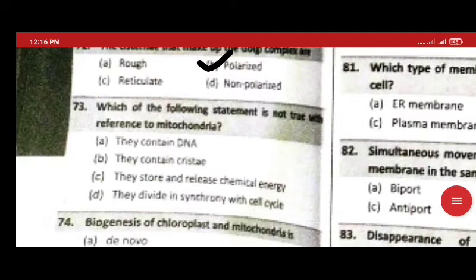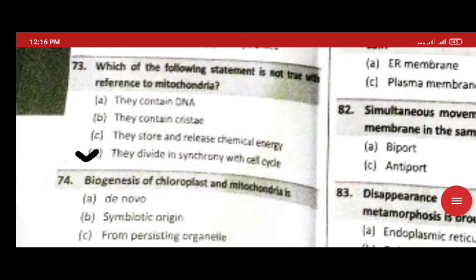Now 73, which of the following statements is not true with reference to mitochondria? They divide in synchrony with the cell type, this is correct.